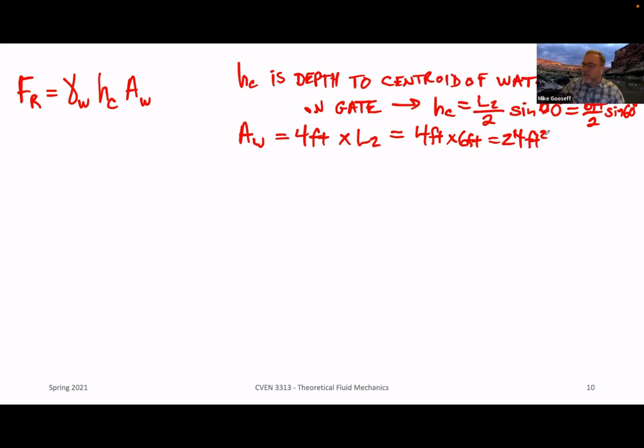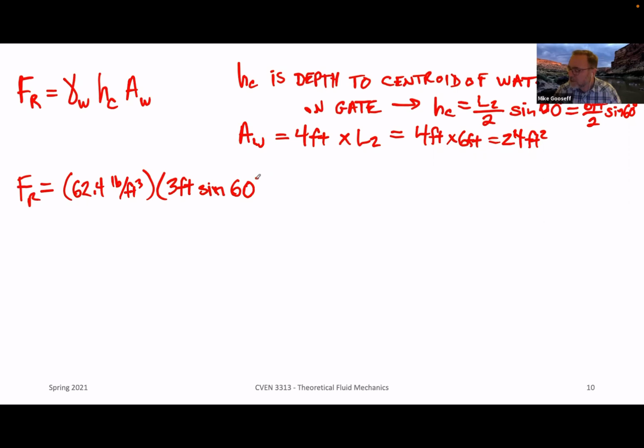Okay, so we've got just about everything we need. The other thing I will note is that if you looked it up for standard temperatures, we would end up with a specific weight of water of 62.4 pounds per foot cubed, multiplied by 3 feet times the sine of 60 degrees.